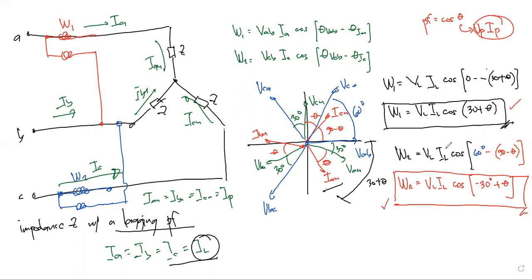So there will be no more problem with a balanced load because we have already established that the reading of the wattmeters, regardless of who is the common, is VL IL cosine of 30 plus theta for wattmeter 1, and VL IL cosine of negative 30 plus theta for wattmeter 2.